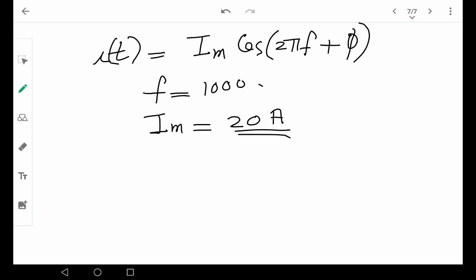What about the value of phi? So we have been given a sine wave, right? Sinusoidal signal.